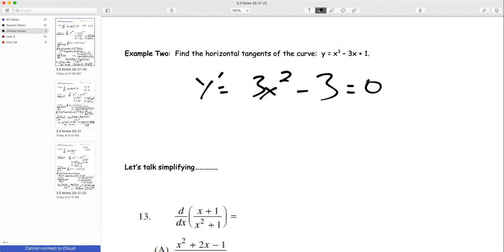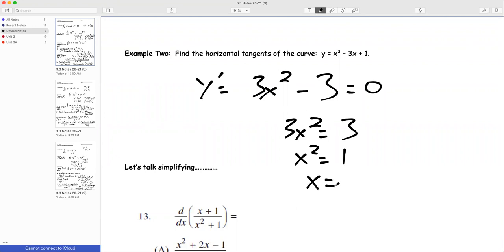Let's solve for x now. So I got 3x squared is equal to 3. And then x squared is equal to 1. Divide by 3 on both sides. And then take the square root of both sides.